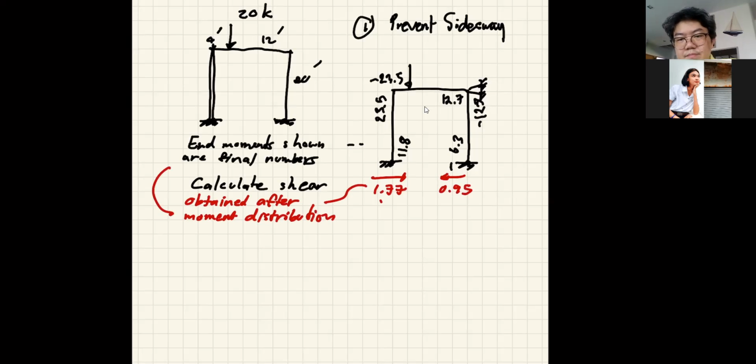Do you notice one thing? Right here, sigma Fx is not equal to 0. Which means after the calculation, you know that you need this equal to 0.82.